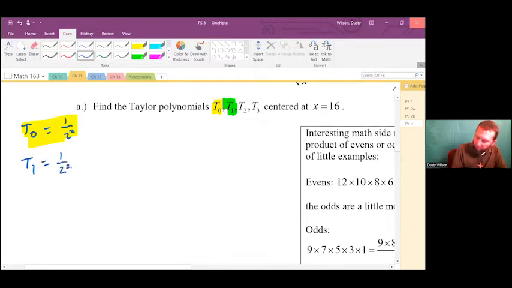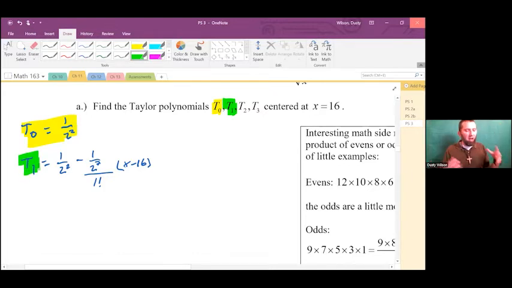So there's your T0. Then if we look at T1, T1 will equal the first term, 1 over 2 squared, and then we have minus 1 over 2 to the 7th power divided by 1 factorial times x minus 16. And so this would be your T1 term. And notice it's T0 plus something else.